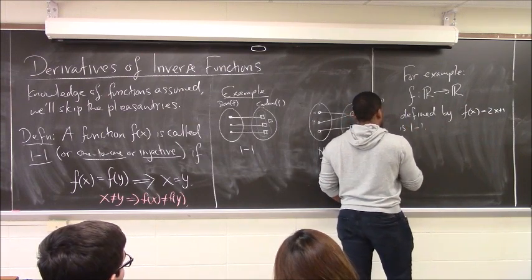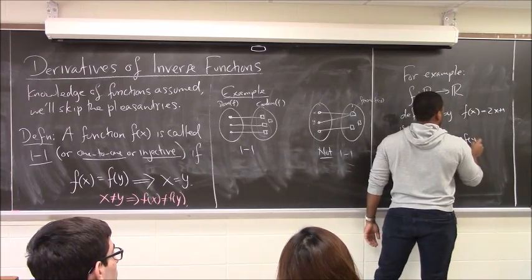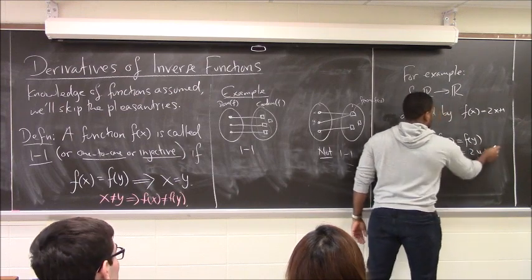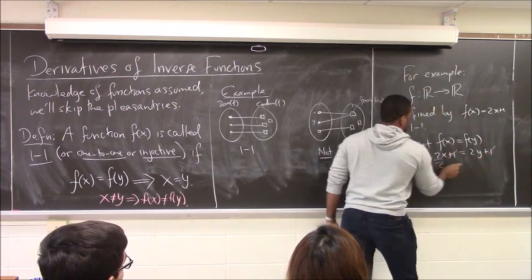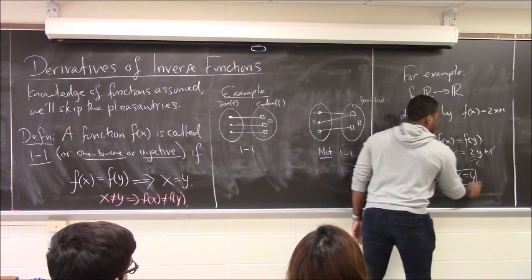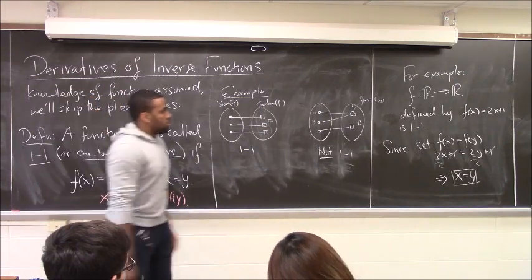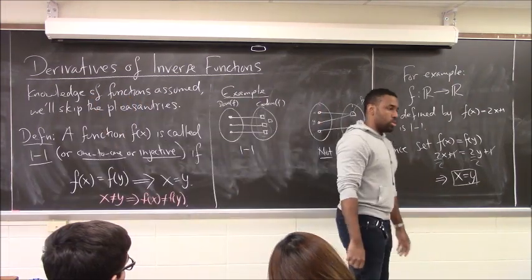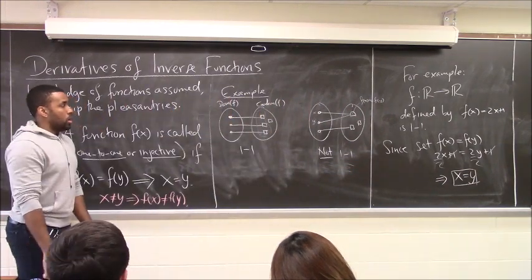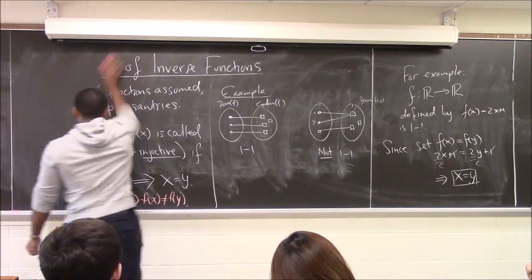Since if I set f of x equals f of y, that's saying 2x plus 1 equals 2y plus 1. Subtracting 1 from both sides and then dividing both sides by 2, I would necessarily have the case that x must be equal to y. Therefore, this function is one-to-one. You will never have two different inputs giving you the same output for this particular function. You can also talk about a non-example.